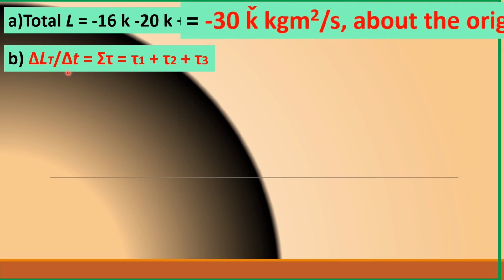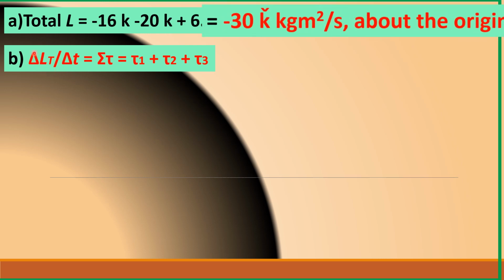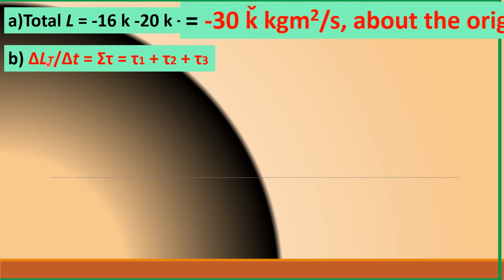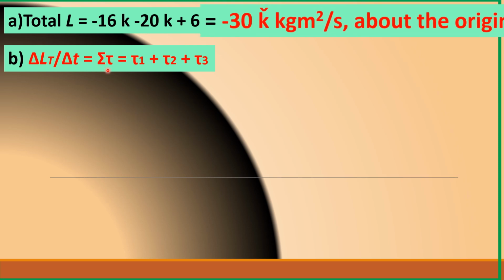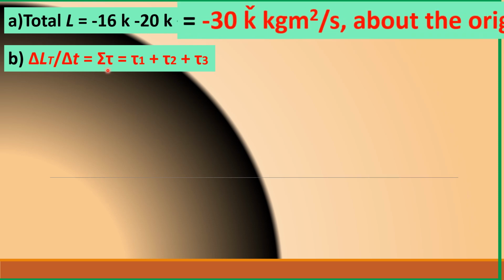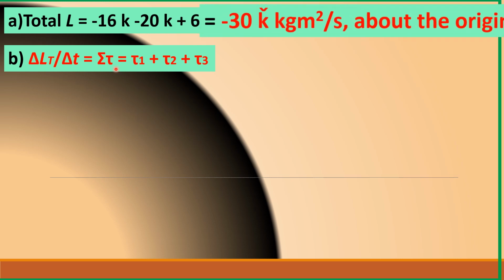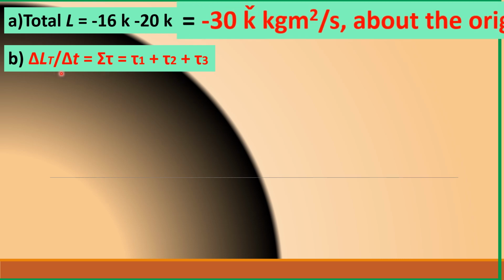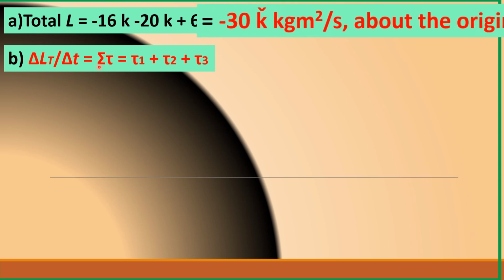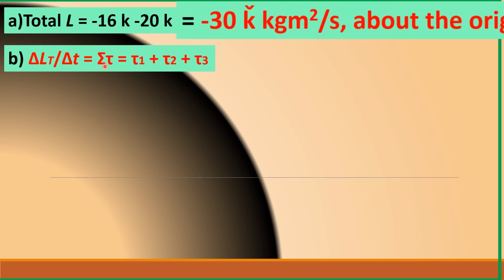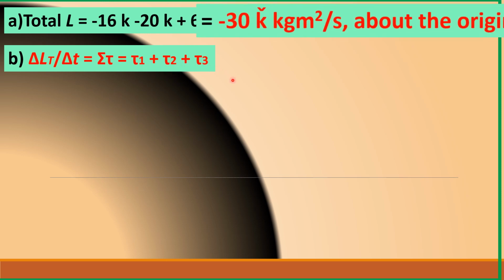So that is simply expressed as delta L total divided by delta t, or since by definition the rate of change of angular momentum is the same as the torque, the total rate can also be expressed as the total amount of torque, which is just the sum of torque 1 plus torque 2 plus torque 3.